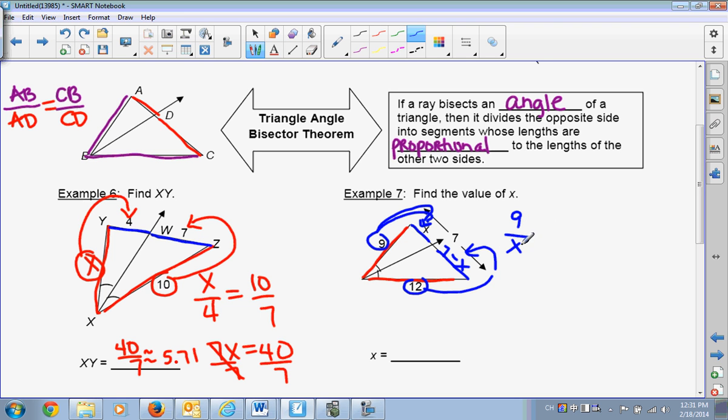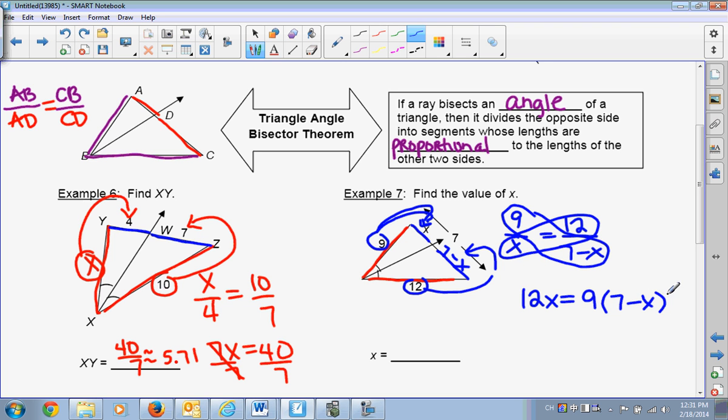So 9 over x equals 12 over 7 minus x. Okay. So cross multiply our proportion. 12 times x is 12x. And then 9 times 7 minus x. So we're going to have to distribute here.